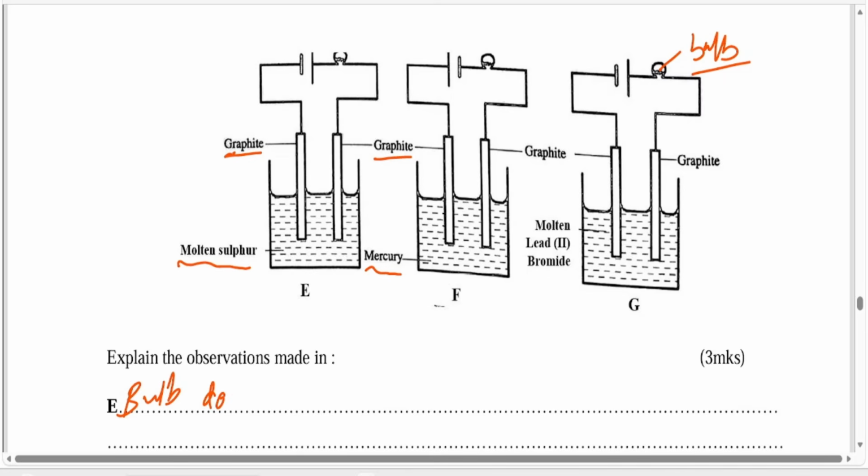This is because sulfur is a non-electrolyte, or it is molecular.